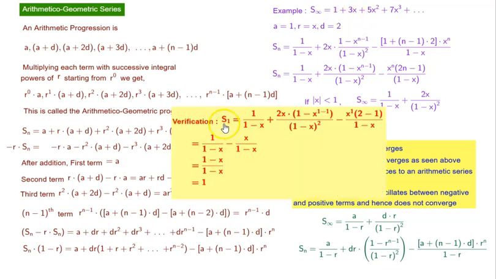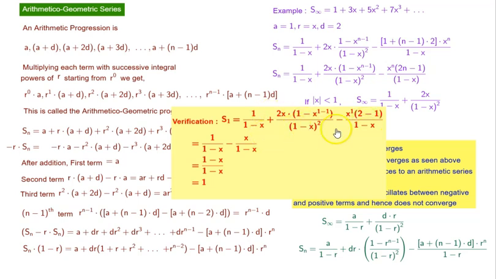So we have s sub 1 is equal to 1 by 1 minus x plus 2x times 1 minus x to the power of 1 minus 1 by 1 minus x square minus x to the power of 1 times 2 minus 1 by 1 minus x.